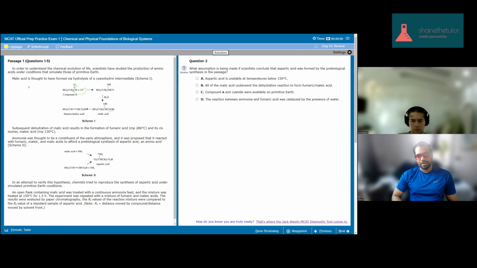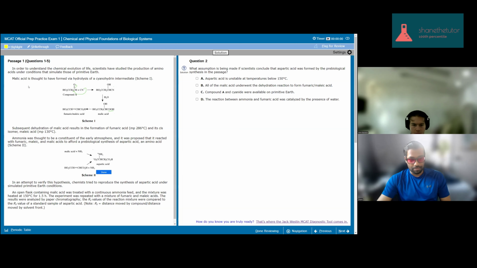What assumption is being made if scientists conclude that aspartic acid was formed by the pre-biological synthesis in the passage? So if the scientists are saying that all of this stuff is what actually happened, what assumption are they making?